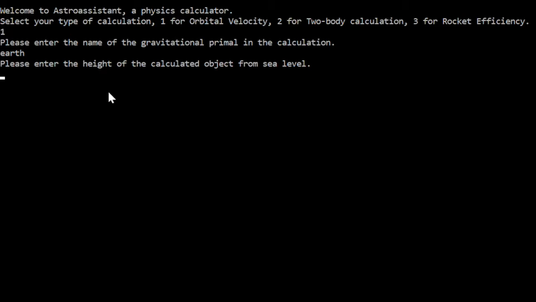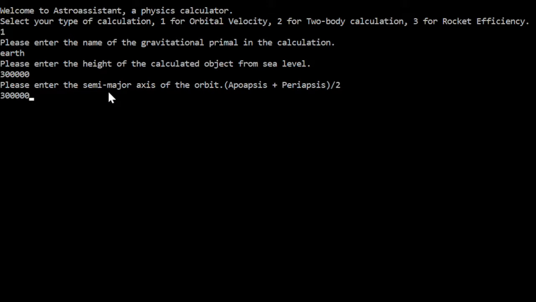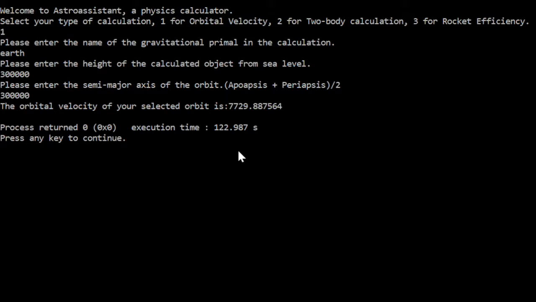And please enter the height of that calculated object from sea level. Let's enter 300,000 meters. It's a very common orbital altitude used by low Earth orbit spacecraft. And let's enter the same for the semi-major axis, which, if these two are the same, is essentially a perfect circle. And enter. And the orbital velocity of your selected orbit is 7,729.88. Very convenient.